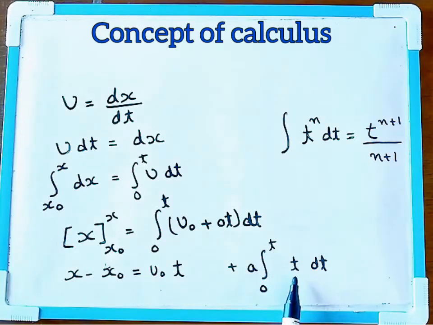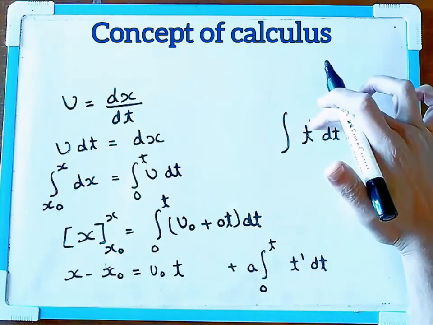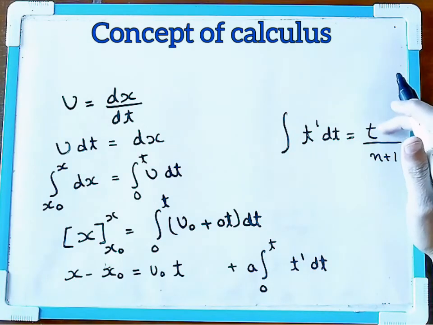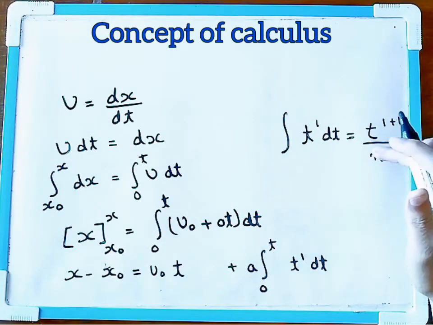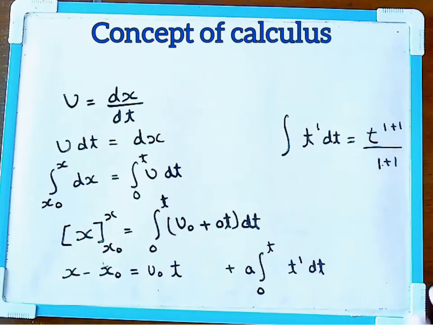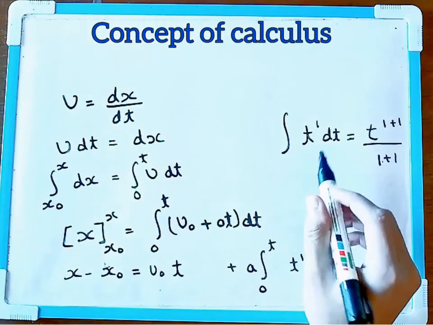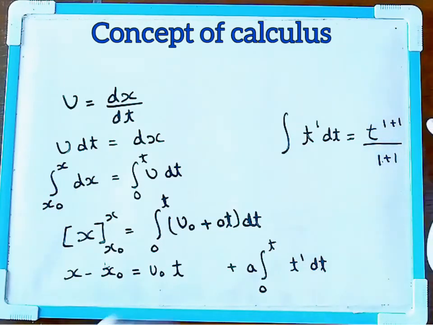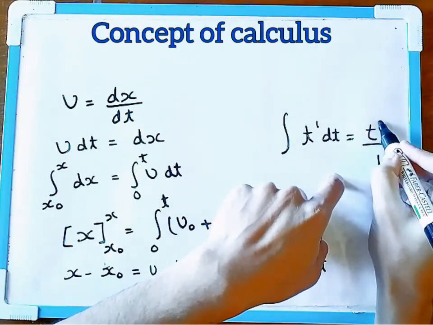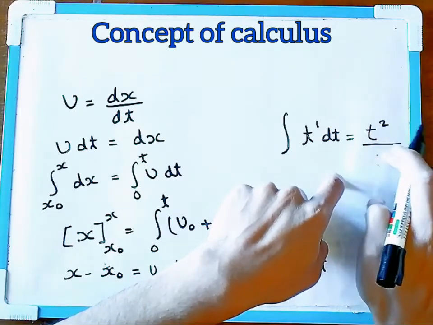So here what we'll do is integration of t dt. What is the n here? 1. So if I keep n equal to 1, then remember this formula, we have 1 plus 1, this will be 2, and here also 2.